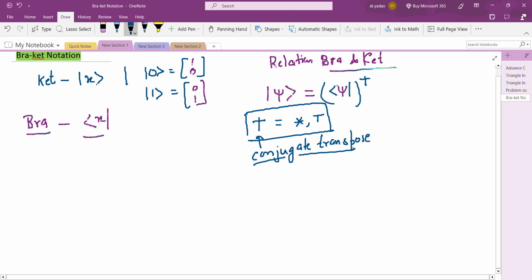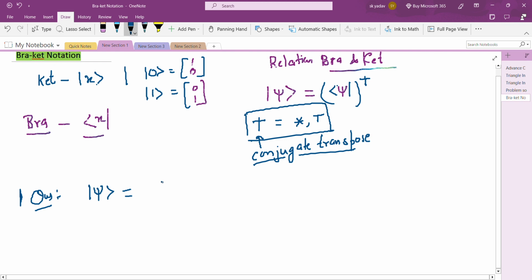Okay, so now we will move into some problem statements. We'll take a question over here. The question is we have this phi bra notation, the value of the bra notation that we computed in the previous question.